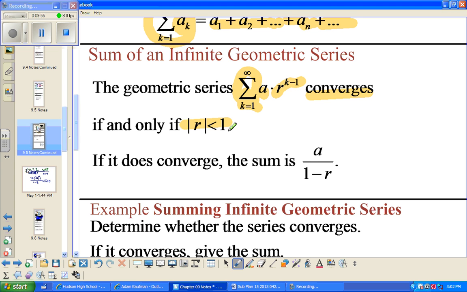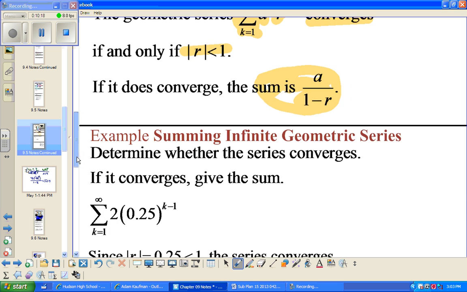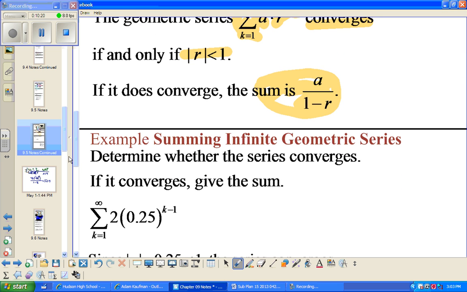So that means r would need to be between -1 and 1, not including 1 and -1. If that's true, then the sum will equal a over 1 minus r. If the absolute value of r is not less than 1, then it diverges. It does not converge.